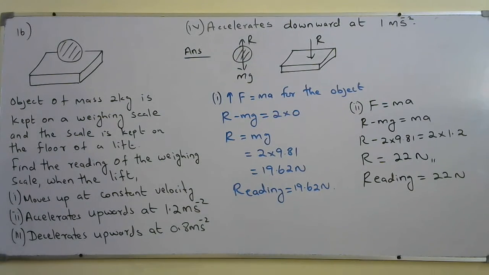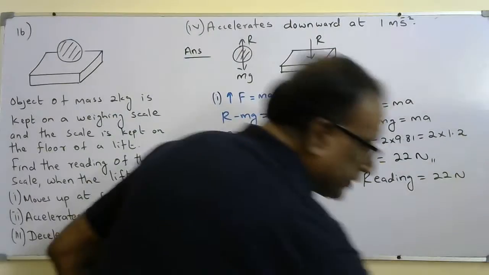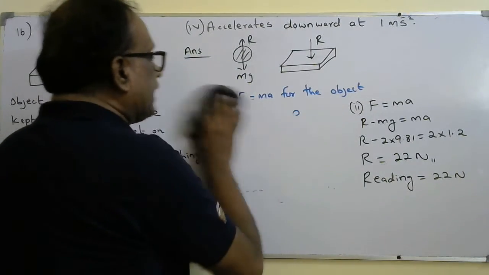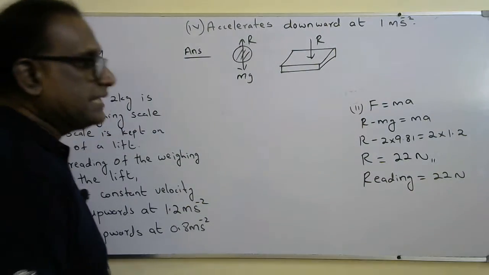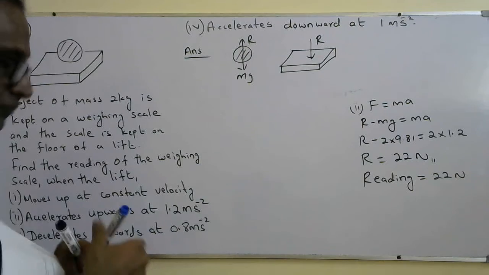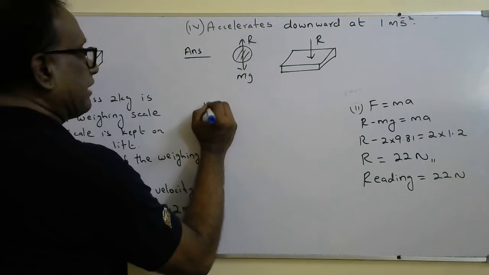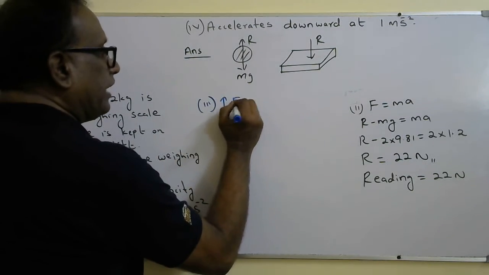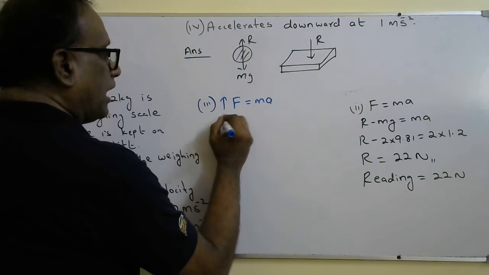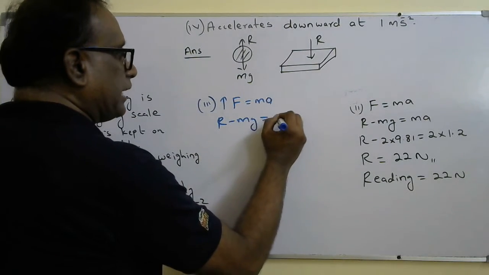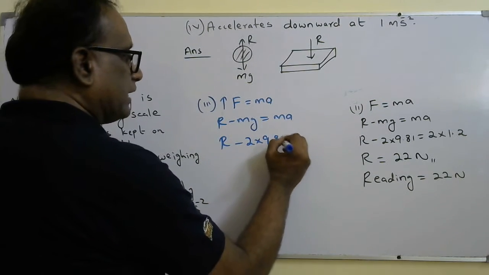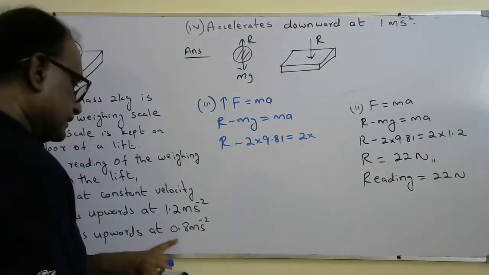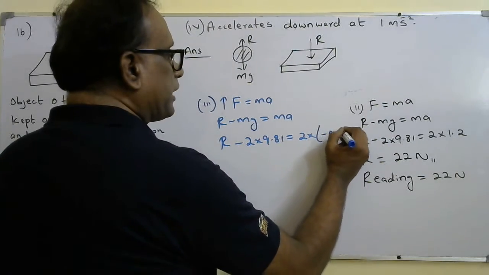Third part, decelerates upwards at 0.8 meter per second squared. When I consider the upward direction, it's decelerating. So decelerating in the upward direction means the acceleration is negative upwards. So use F equals ma in the upward direction: R minus mg equals ma, R minus 2 into 9.81 equals 2 into the deceleration, which is 0.8, so minus 0.8.